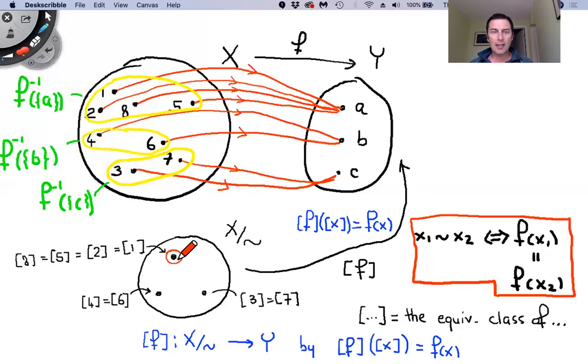The output should be in y. And the way that it assigns an output to this dot down here is, it tells you like, well, look at any one dot in x whose equivalence class is this dot in here, and then follow f from there, right? So in particular, this dot right here is the equivalence class that 1 belongs to. 1 is mapped to A, so this dot should go to A.